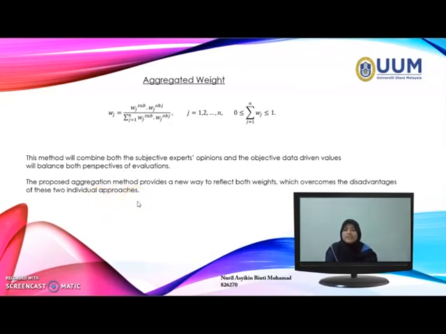The proposed aggregation method provides a new way to reflect both weights, which overcomes the disadvantages of these two individual approaches. As we can see here, Wj equals Wj subjective times Wj objective divided by the summation of Wj subjective times Wj objective.